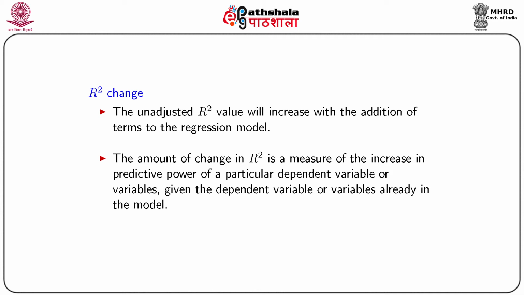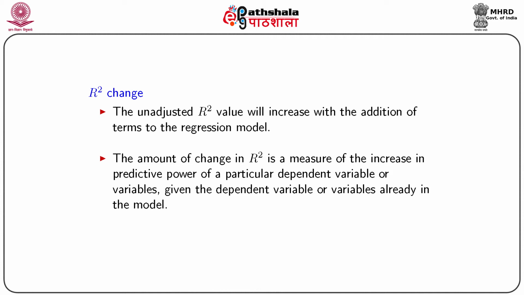However, we want to keep a check on the number of explanatory variables that we include in our model, because increasing the number of explanatory variables will invariably increase the value of R square. We cannot use R square as a measure of goodness of the number of explanatory variables in the model.